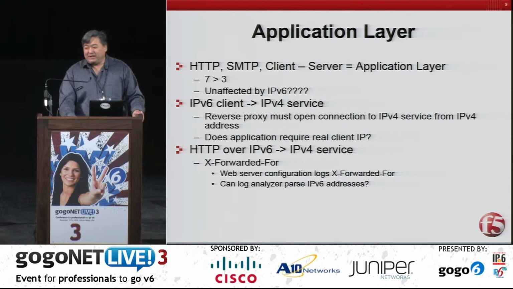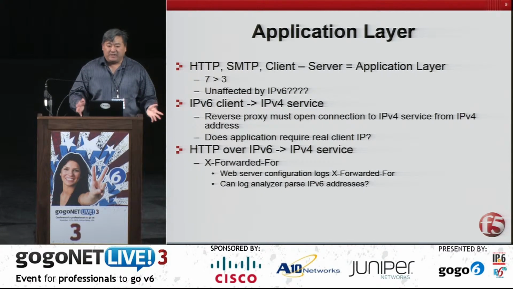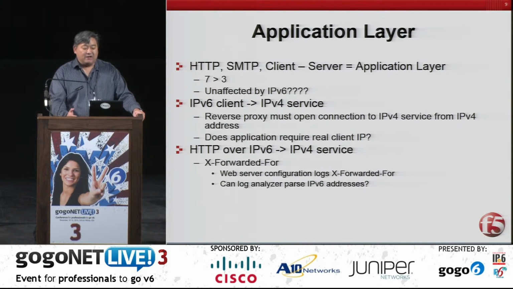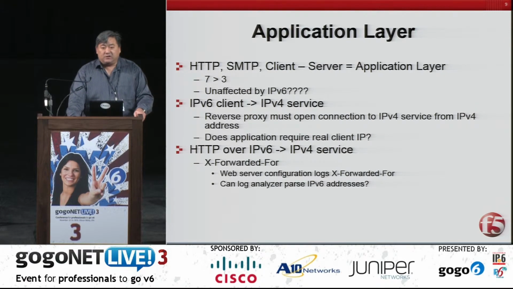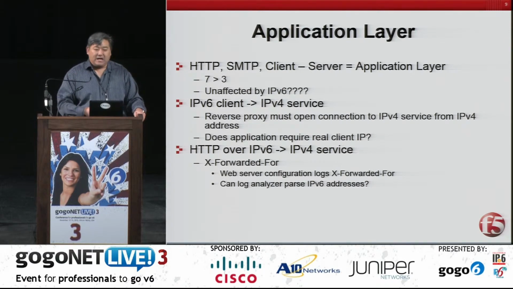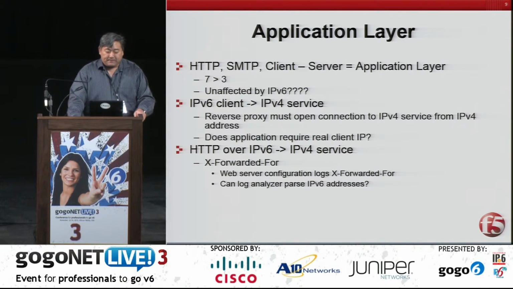Well, you think for HTTP, hey, that ought to be pretty simple because I've got this thing called the X-Forwarded-For header, or in fact, any kind of custom header, or even a cookie, which allows you to jam into the header any kind of arbitrary data that you want. So what does that mean?